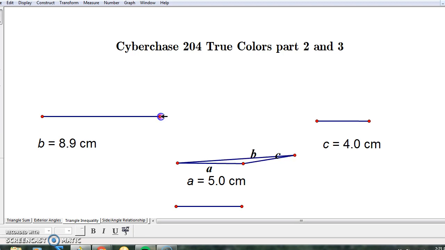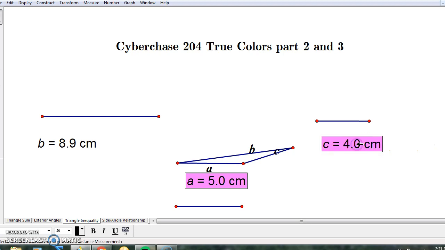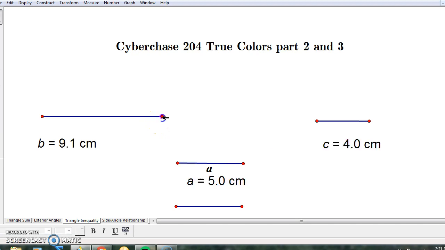The reason is that these two are now the shortest ones, and they add up to 9, so once I get up to 9, my triangle disappears. It can't exist. So bottom line here is take the shortest two sides, add them together, and they must be greater than the third side to form a triangle.